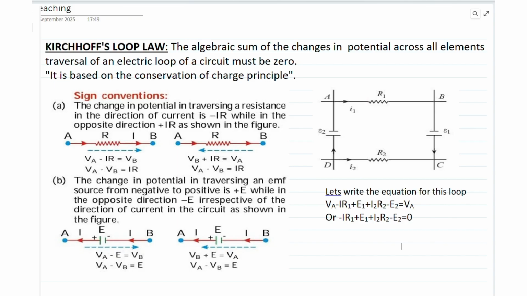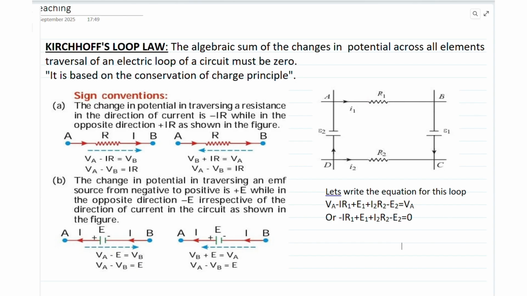Then plus E1, and then, very interestingly, plus I2R2, because we are moving opposite to the direction of the current in that branch. Then again minus E2, which is very simple, and then we reach point A. So the equation is minus IR1 plus E1 plus I2R2 minus E2 equals 0, right?